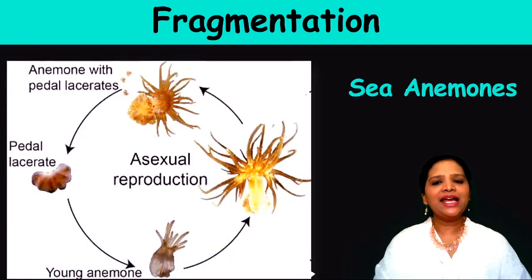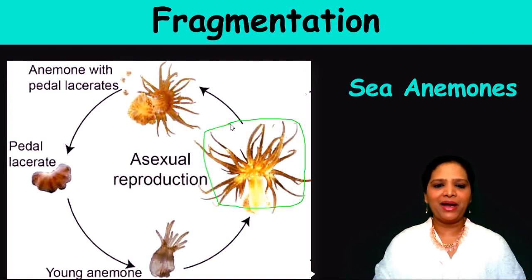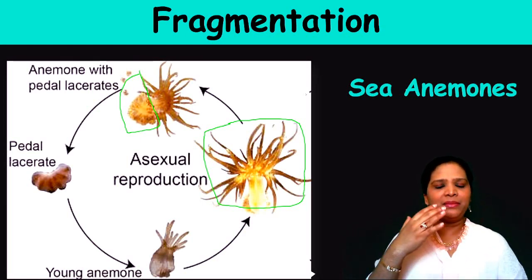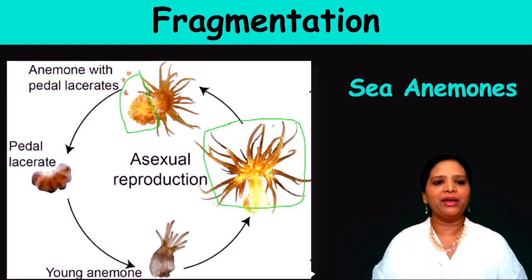When a sea anemone wants to reproduce asexually, what happens? This is an adult or parent sea anemone. When it wants to reproduce, it breaks off a part of its body. It separates one part of the body by itself. It means its body gets fragmented, and from that separated part the young one starts to develop.